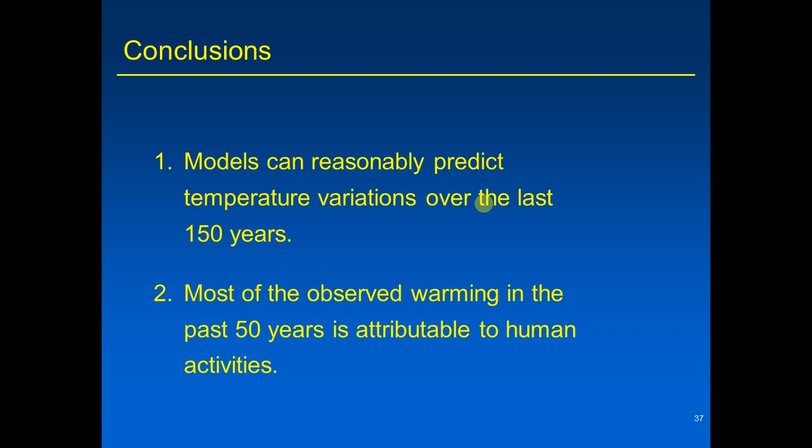The reason we know that is because if we only use natural forcing factors to run the climate model, it cannot simulate the dramatic warming in the later part of the 20th century into the early 21st century. We need to include anthropogenic forcing factors. So that gives us confidence that humans are the reason that temperatures have increased, especially more dramatically in the recent decades.